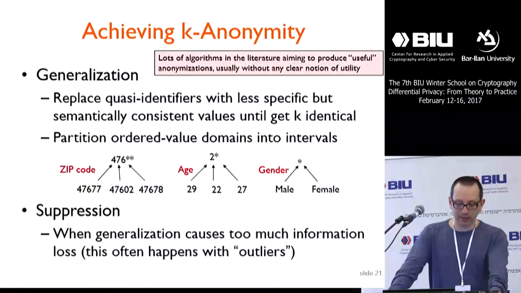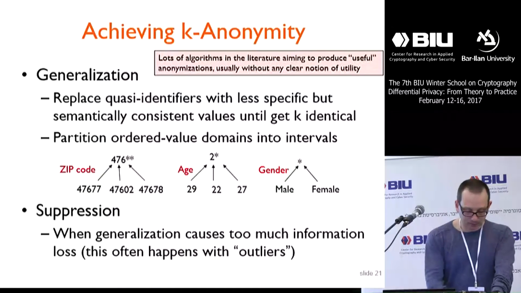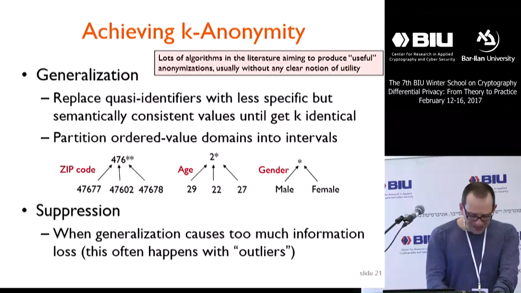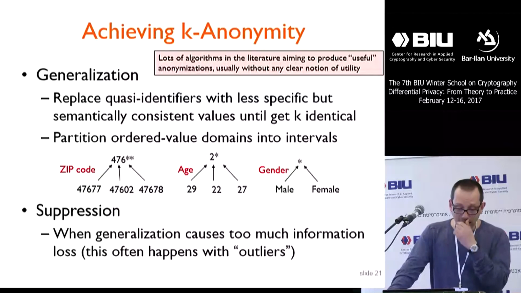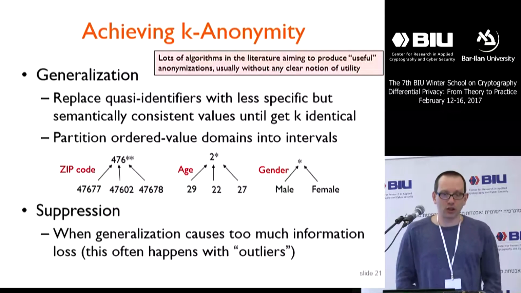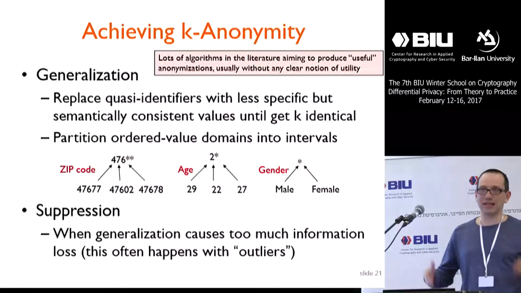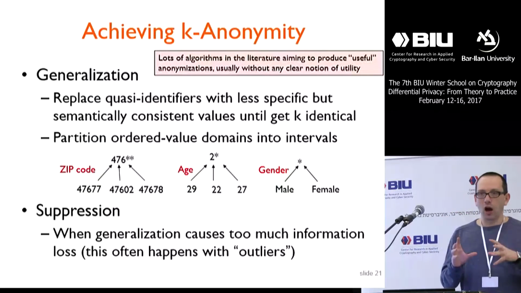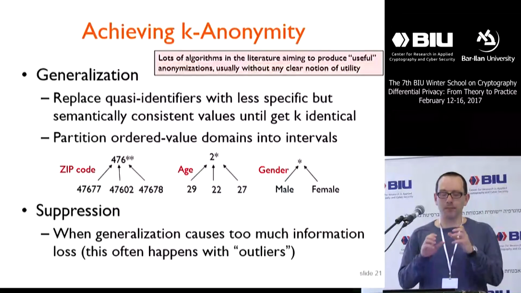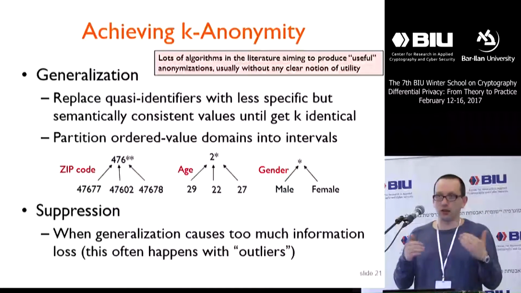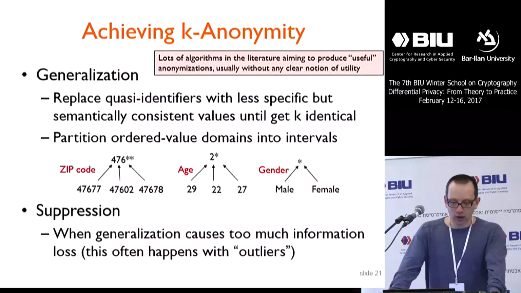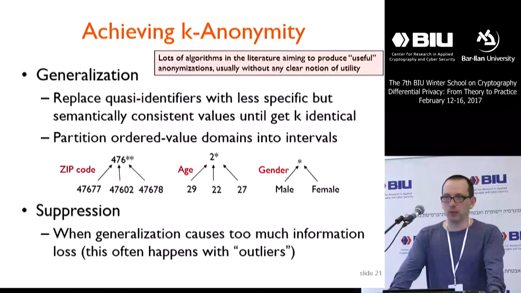So how would you achieve something like this? Typically, the algorithms that people have proposed for achieving K-anonymity use some combination of generalization and suppression. Generalization is a simple trick where you look at your quasi-identifiers and start coarsening them. You start making them less and less specific until you get K of each, okay? So if you think about zip codes, the zip codes are all distinct.